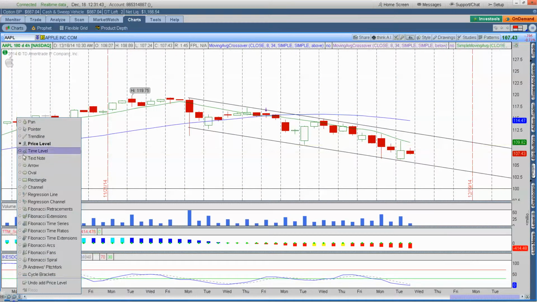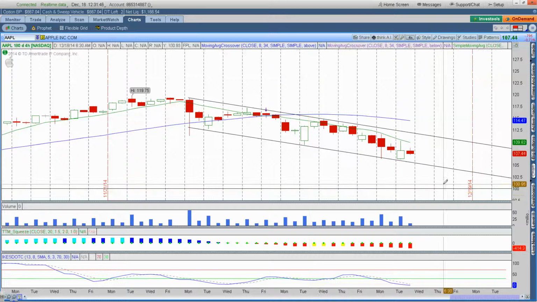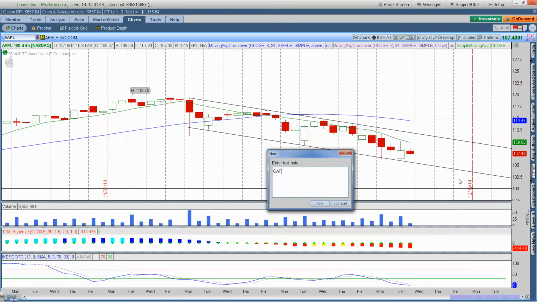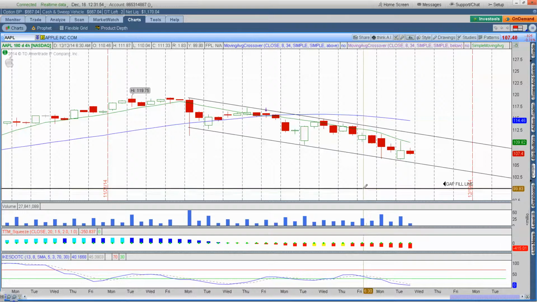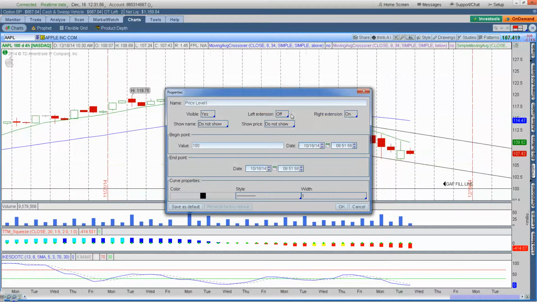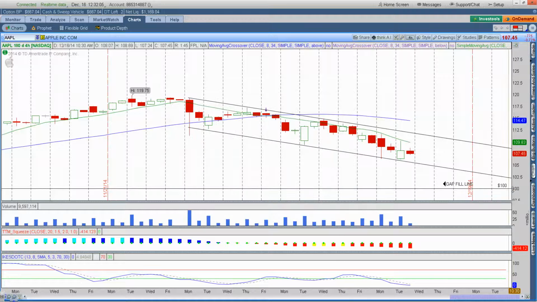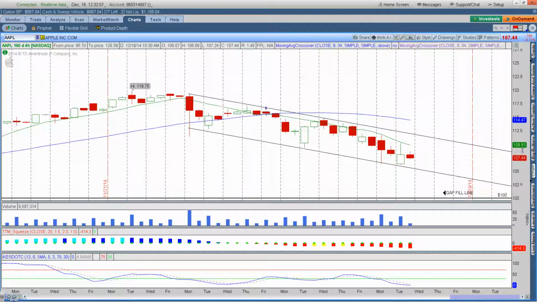I'm going to label it gap fill line. We're going to edit properties, and we're going to go show name, price on the right. There we go. And that's going to show us the price of that gap.